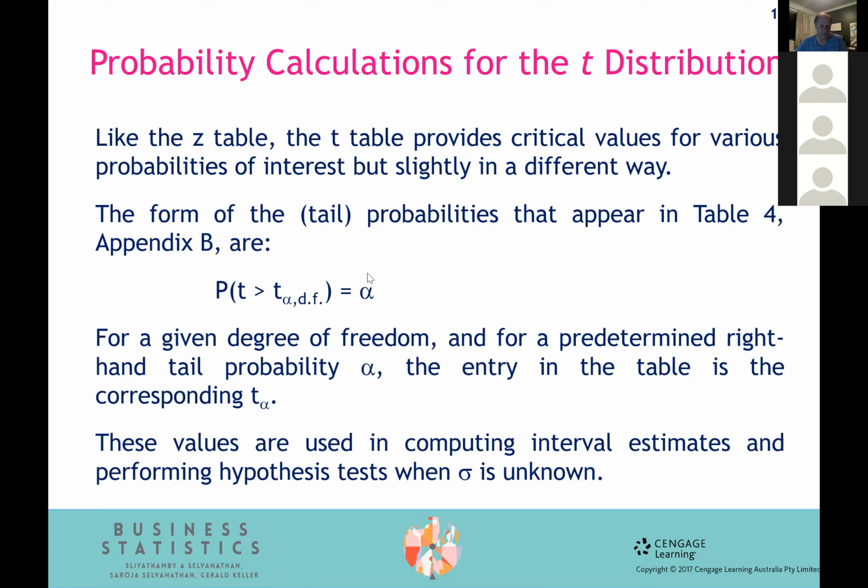Now we introduce a concept called alpha. Alpha is the probability. So we normally work with an alpha of 5% or 1% or 10%. And you'll see how we'll use that. So that in the end, we can make a statement like we're 95% sure that this mean falls between this lower limit and this upper limit.